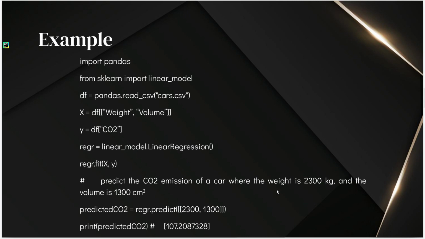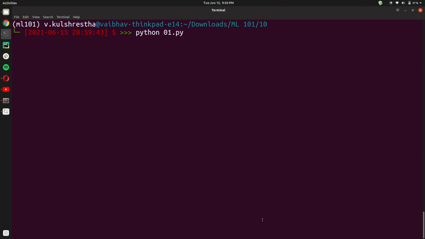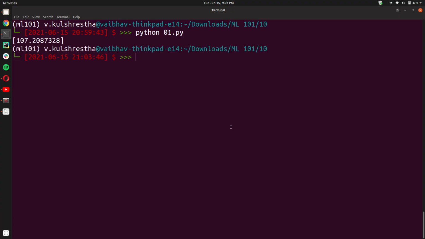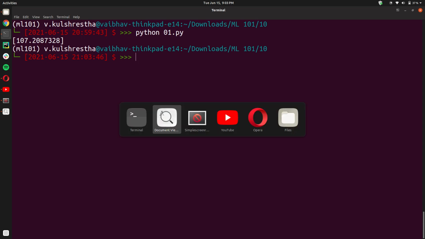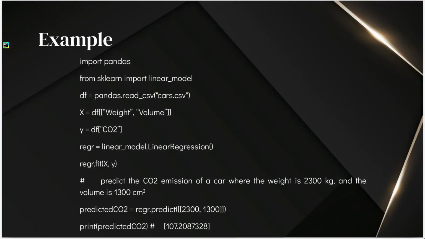What this means is that the weight of the car is 2300 and the size of the engine is 1300 cubic centimeters. And then lastly, we just print the predicted CO2 value. When I ran this, it took some time, but it was able to print out 107. And if you see the dataset, you will see that it corresponds very well with the other values that we have.